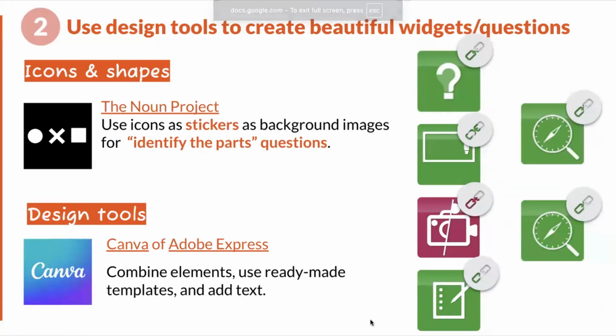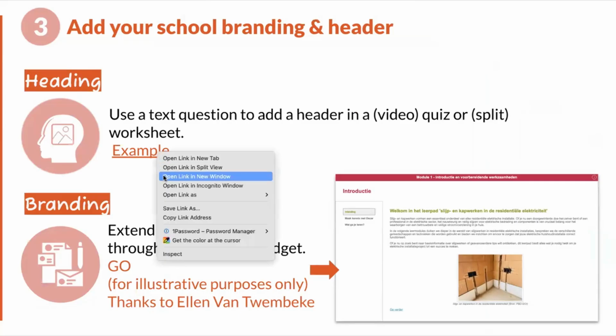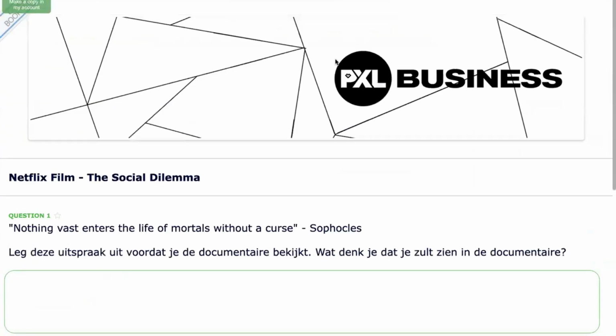Little app smashing. So thinking about your school branding, so having a header. If you have branding that is particular to your school, or if you're in a business or a publisher, having that header image. Here we have this header image that's on all of the widgets.